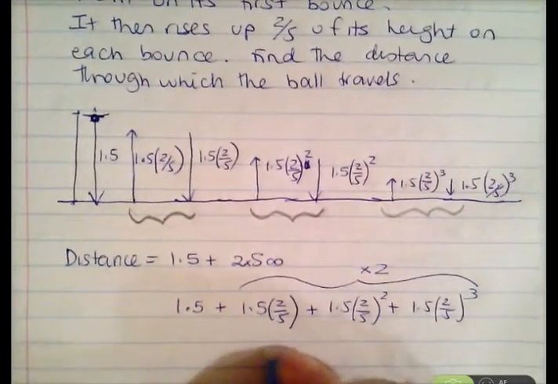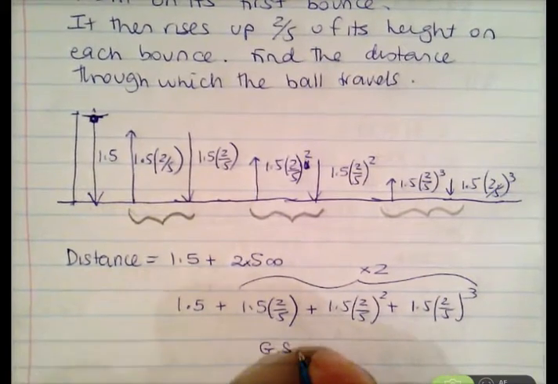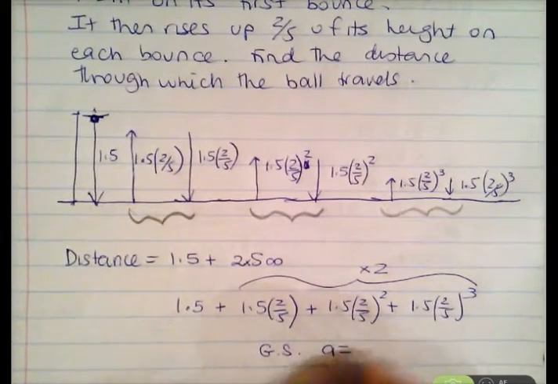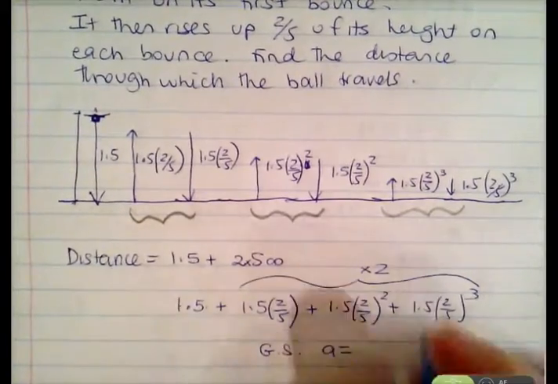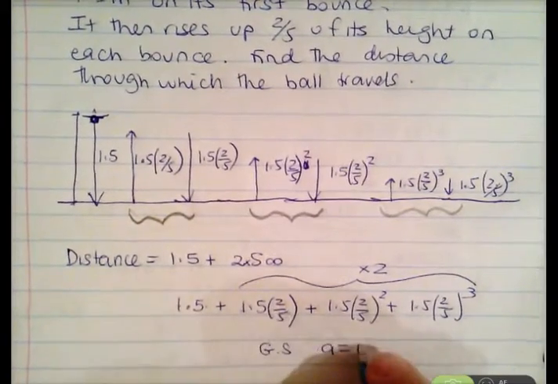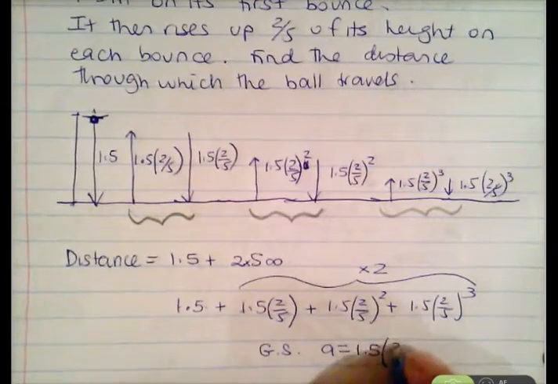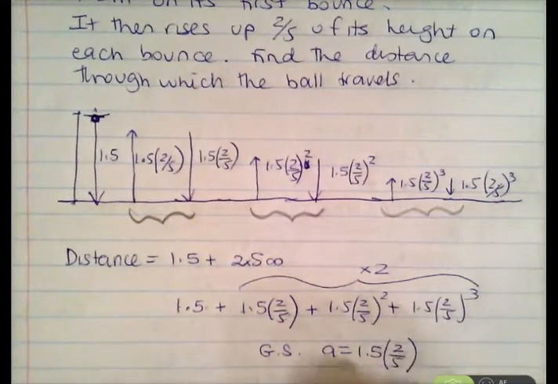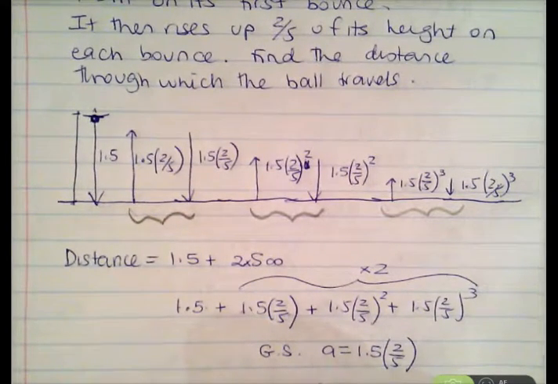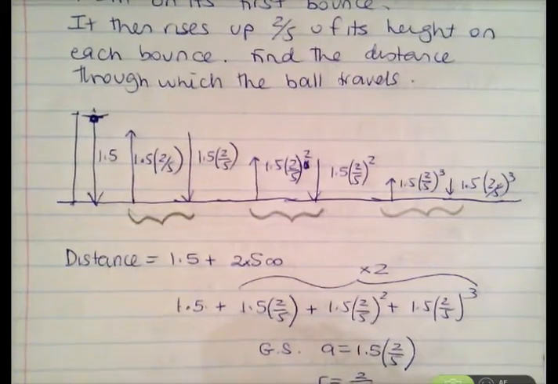So remember here we've got a geometric series, and we're not going to include this first one because it's not doubled. So here is my first term: a is 1.5 times 2/5, and r is another 2/5.